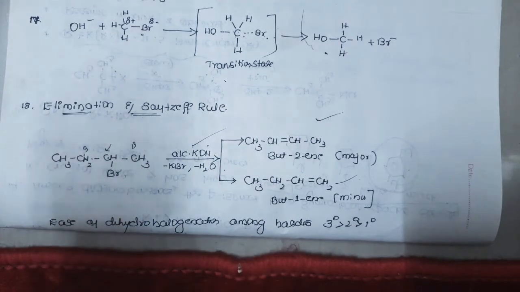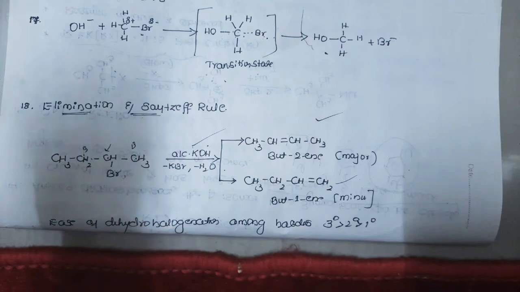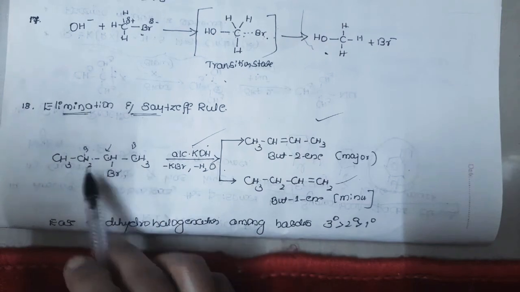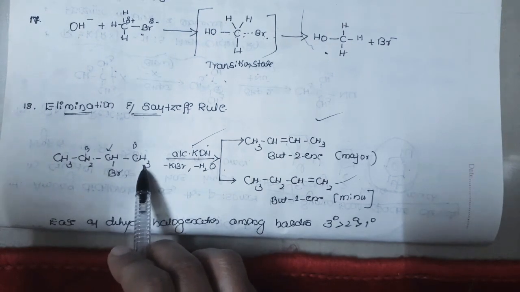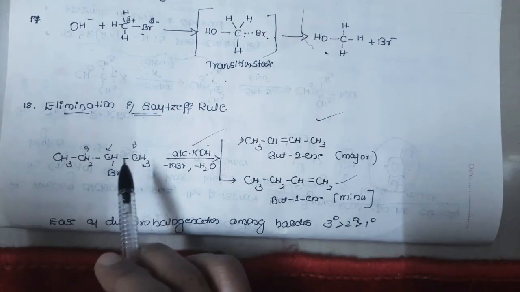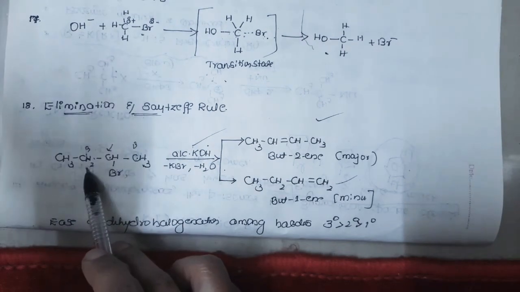Now, as I told, it's a beta elimination, meaning I have to remove the hydrogen from the beta carbon. Here I am getting 2 beta carbons, so the hydrogen can be eliminated from this carbon, or from this carbon also.